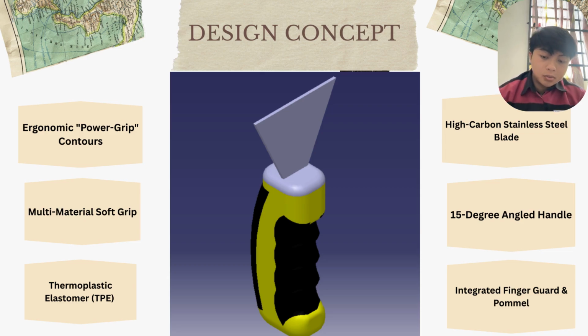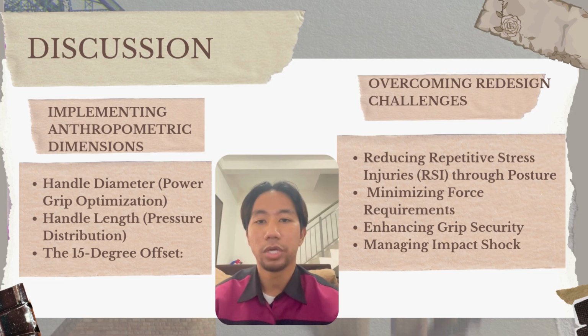The last one is the high carbon stainless steel blade. The sharp blade requires significantly less downward force from the user, reducing the strain on the shoulder and elbow muscles during thick paint removal.